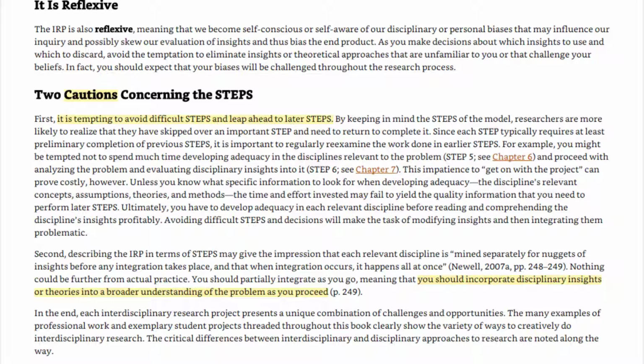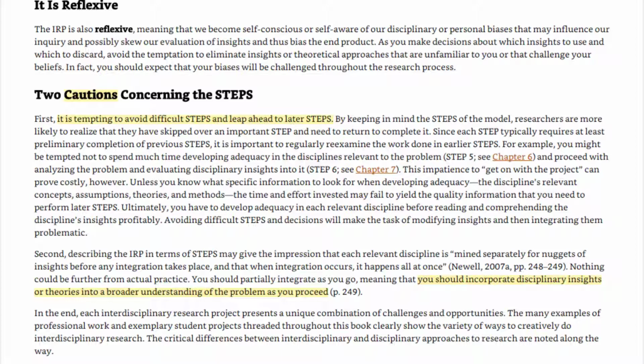Make sure that you do the step whenever it logically occurs so that you don't miss something important, because you don't want to get further into your paper and then realize that you have to go back and do a lot of rework because you missed something important. So try to use their advice and do these in the order that they're given.